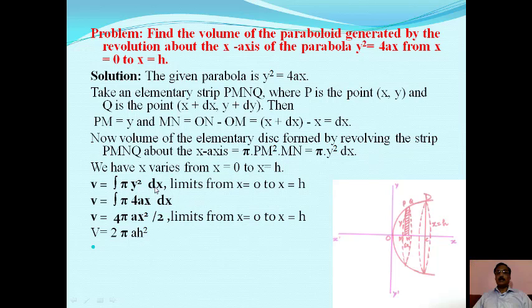Pi y square dx, and this slides from 0 to h. This gives pi y square dx, limits from x equal to 0 to x equal to h. Putting the value of y square equal to 4ax from this equation, and on solving we will be given as 2 pi a h square for the limit x equal to 0 to x equal to h.